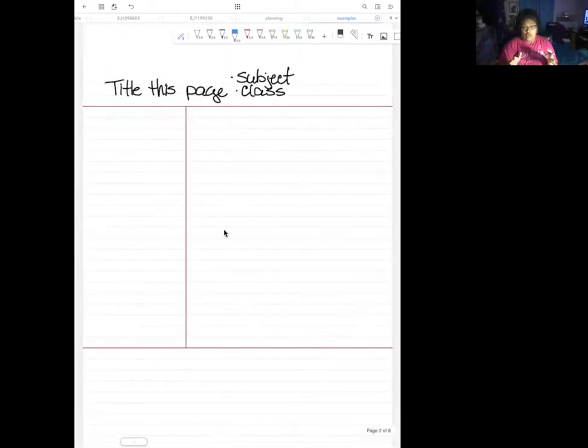So let's start with the title first. The title of every page, I would say, but if you're in a notebook with this, you can just title the first page of that series of notes by either the subject or the class. And by subject, I mean the subject that's being talked about.